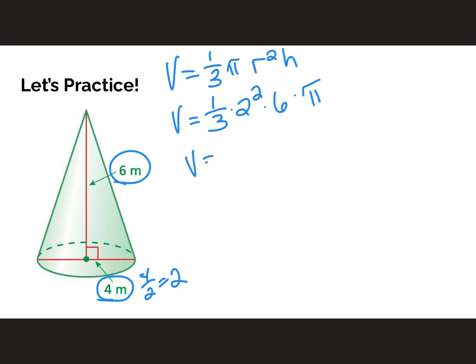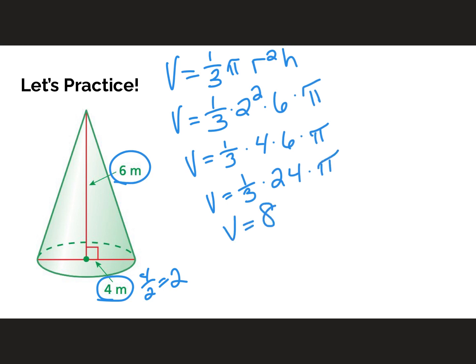So our volume is 1/3 of 4 times 6 times pi. Well, 4 times 6 is 24. So our volume is 1/3 of 24 times pi. 1/3 of 24 is simply 8. Our volume is 8 pi.